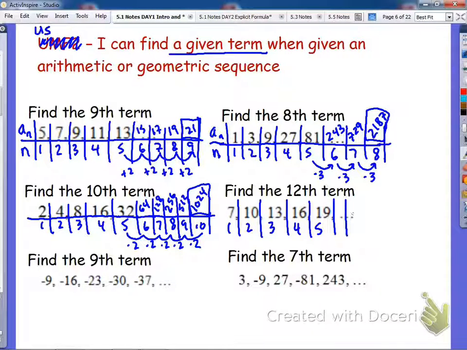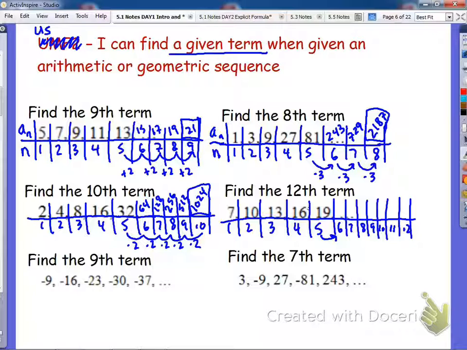So that's 6, 7, 8, 9, 10, 11, 12. Okay, so what is the pattern? What do I have to do to go from 7 to 10, 10 to 13, and so forth? What am I doing? I'm adding 3.